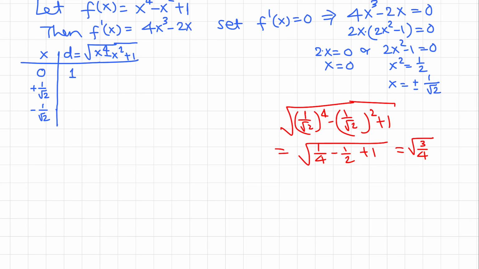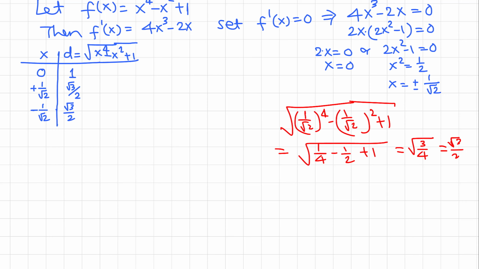This is 2 over 4, this is 4 over 4, and 3 over 4, that's root 3 over 2. So plug in here, we get root 3 over 2. Plug in negative 1 over root 2: negative to the 4th power means positive, negative squared means positive, so this will be the same. And this is about 0.866, which is less than 1.